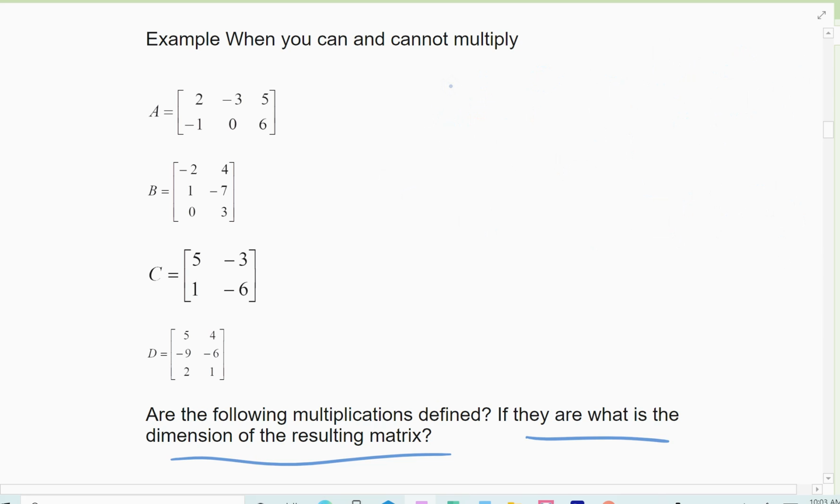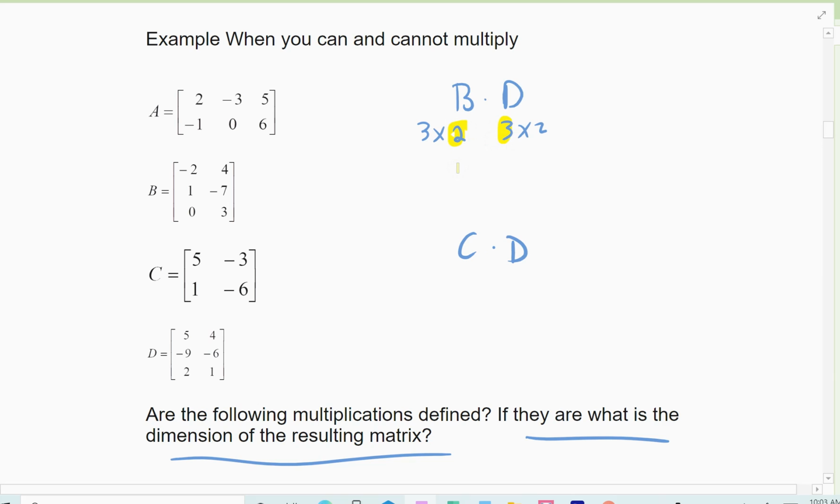So taking matrix B times matrix D, and then taking matrix C times matrix D. Matrix B was, remember, a 3 by 2, 3 rows, 2 columns. D is also a 3 by 2. What you'll notice here is those middle numbers don't match.